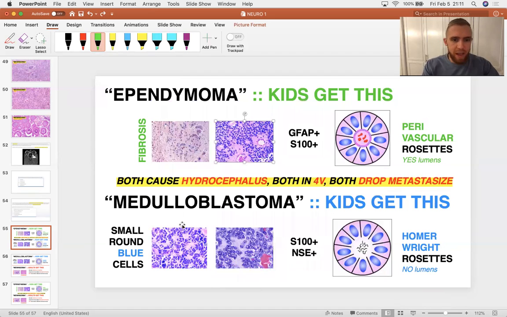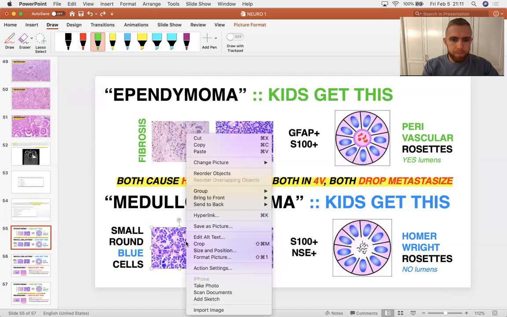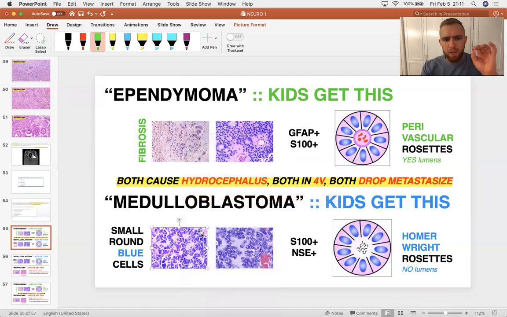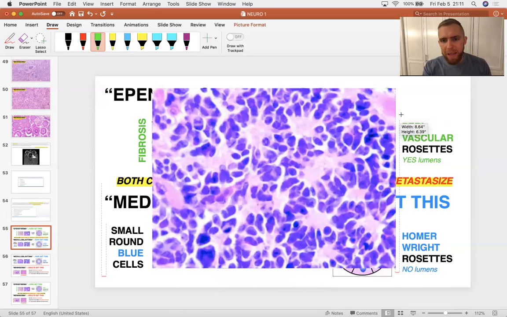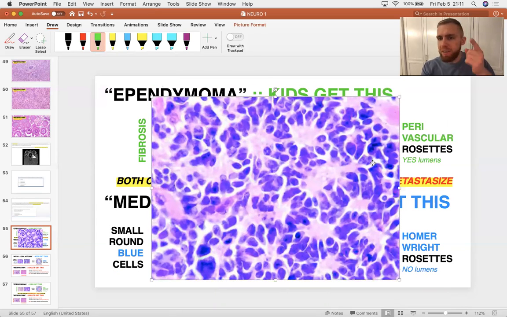Now check this out. This medulloblastoma, look at these rosettes. There's junk all up in the middle of them. Every single one. Can you see straight through to the other side of that? I can't. You know, if the last one was Swiss cheese, this is American.